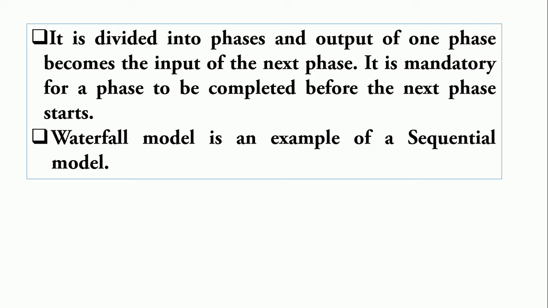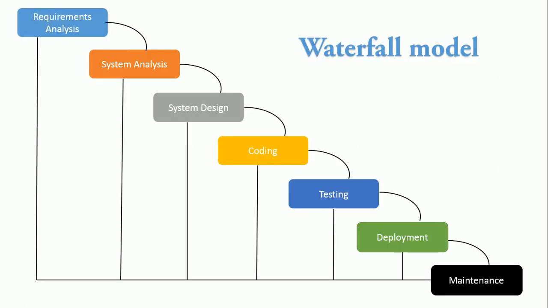In this particular model, we have 7 stages. What are they? First one is requirement analysis. Second one is system analysis. Third one is system design. Fourth one is coding. Fifth one is testing.